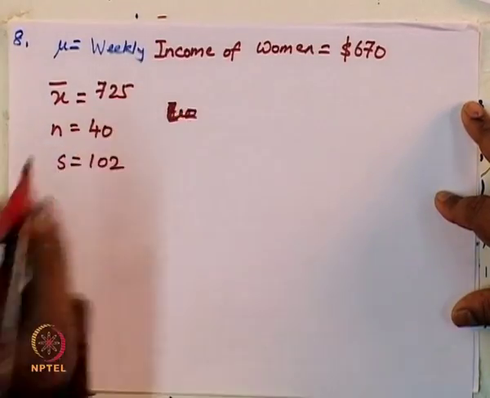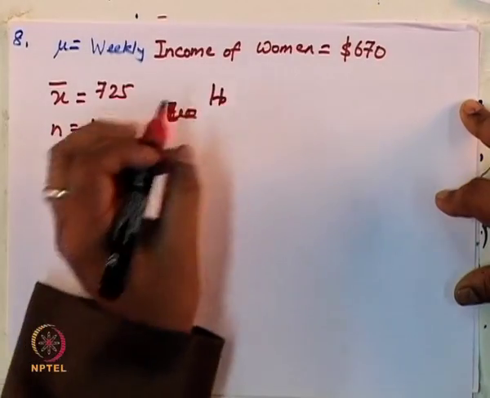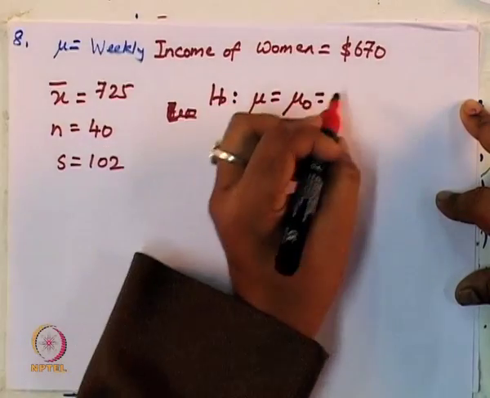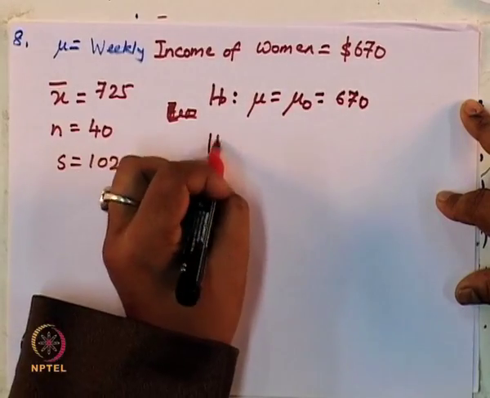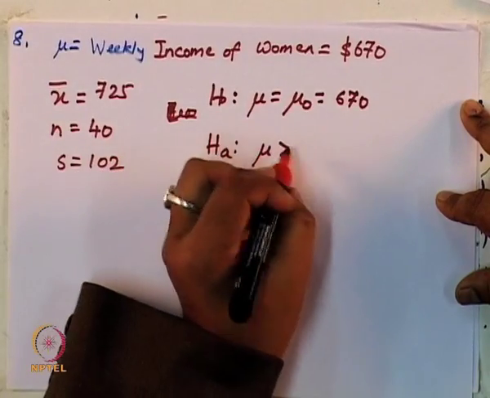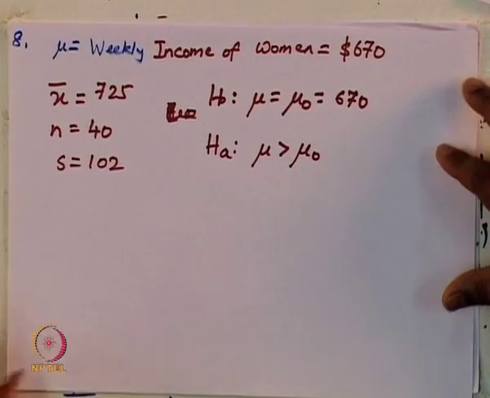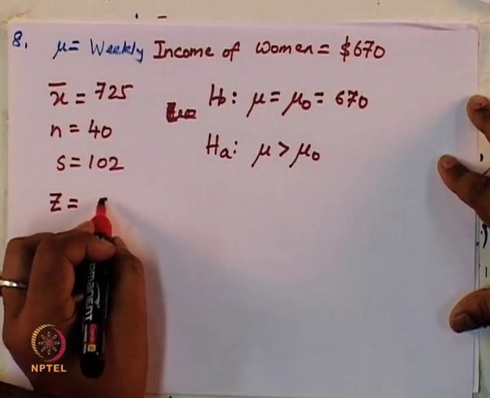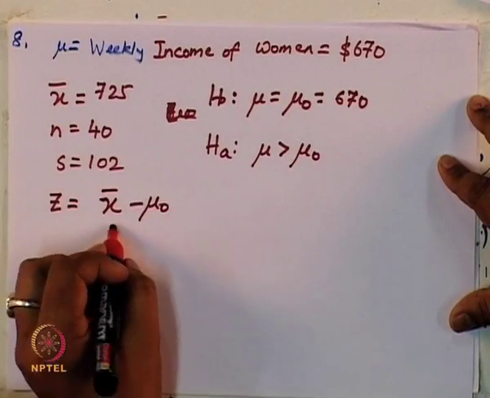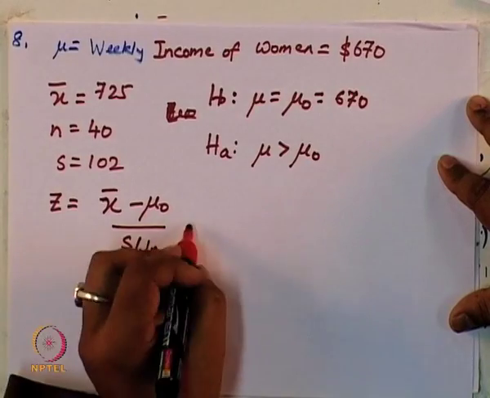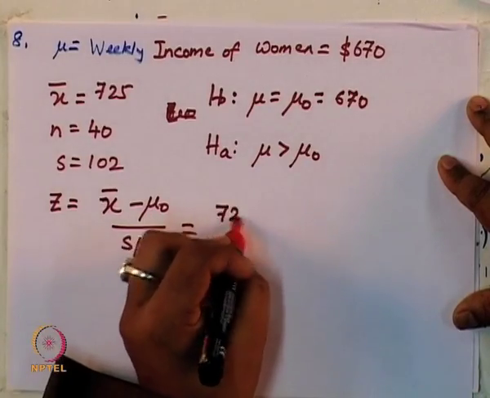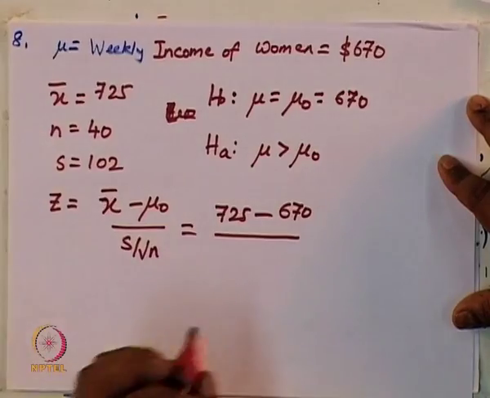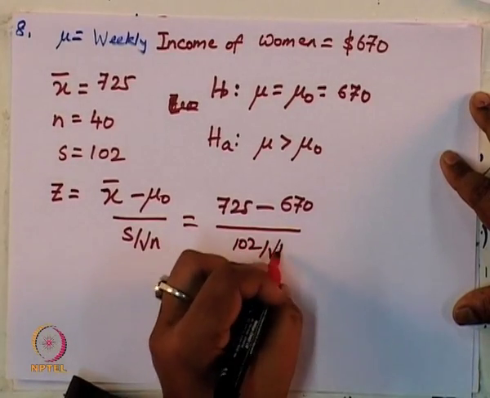Before doing that, let us write the null hypothesis. Null hypothesis is mu equal to mu naught equal to 670, and H A is mu greater than mu naught. Everything is based on the test statistic. So, z equals x bar minus mu naught by s by root n, which is 725 minus 670 by 102 by root of 40.